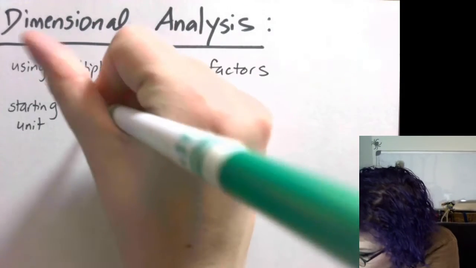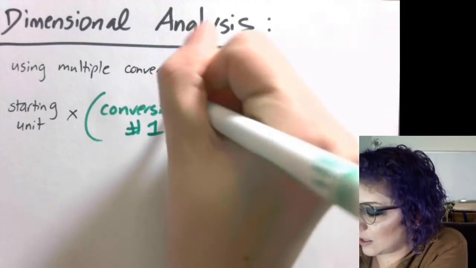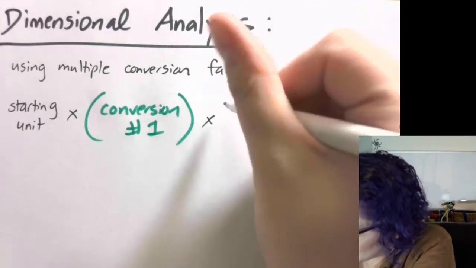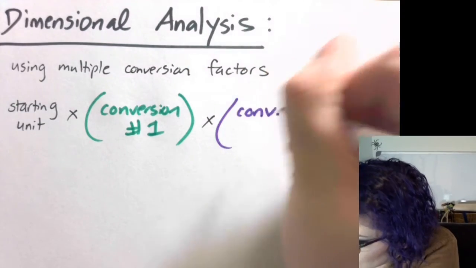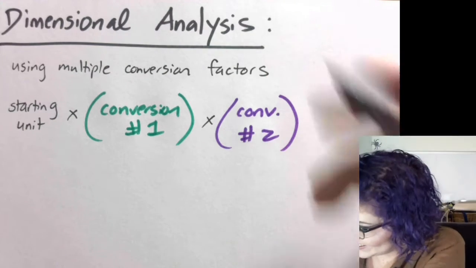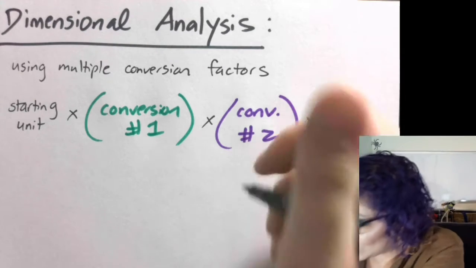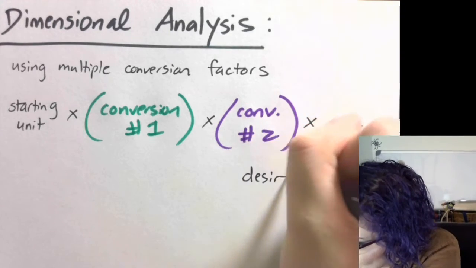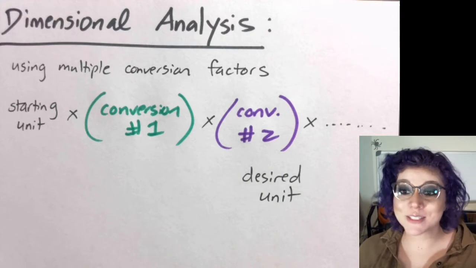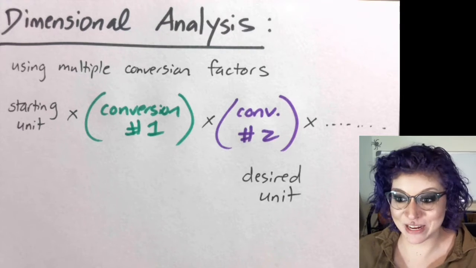So conversion number 1, and then we're going to multiply by conversion number 2, and so on and so forth, until you end up at your desired unit.